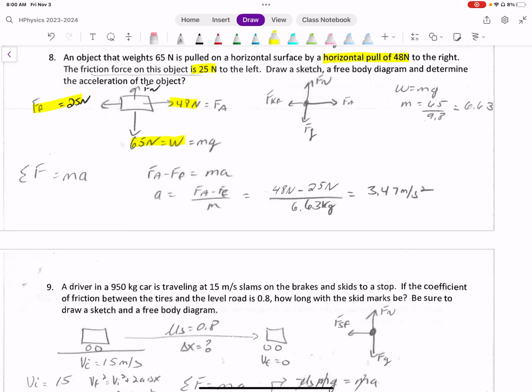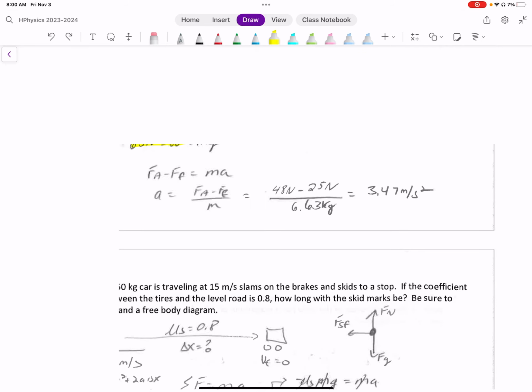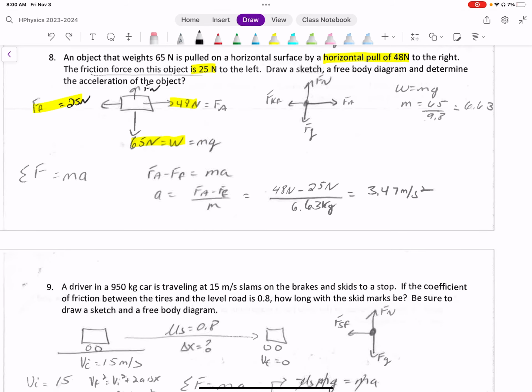Force applied was greater than force of friction. That means I have uneven forces in the x direction, and therefore I know that I have acceleration in the positive right direction. They wanted me to determine the acceleration of the object, so I will have to sum the forces in the x direction.